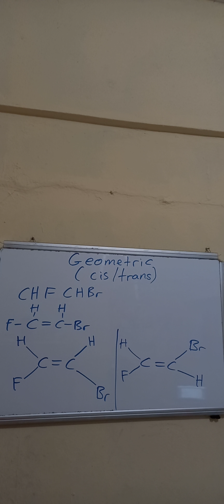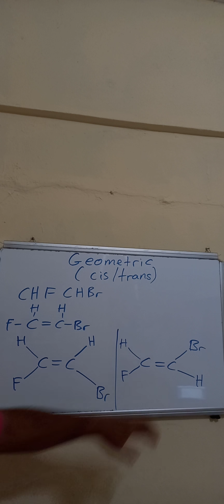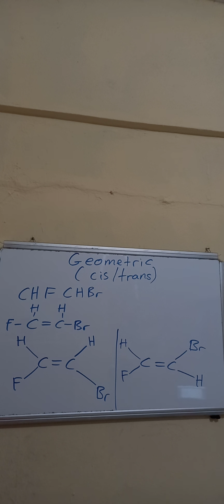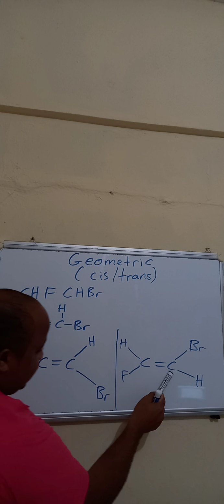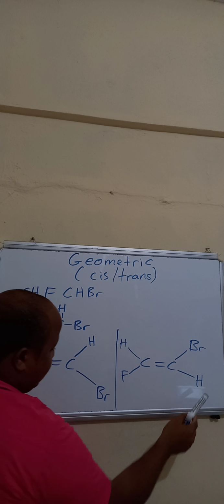Now, first thing, look at the two compounds. Remember, the connectivity must be the same, the spatial arrangement must be different. This carbon has a hydrogen and a fluorine, this carbon has a hydrogen and a Br.